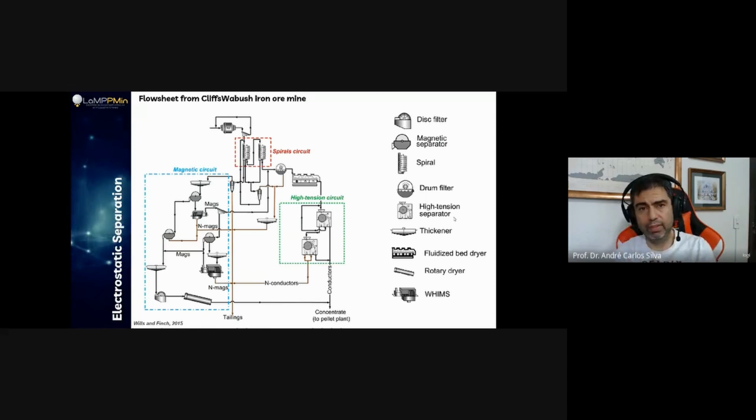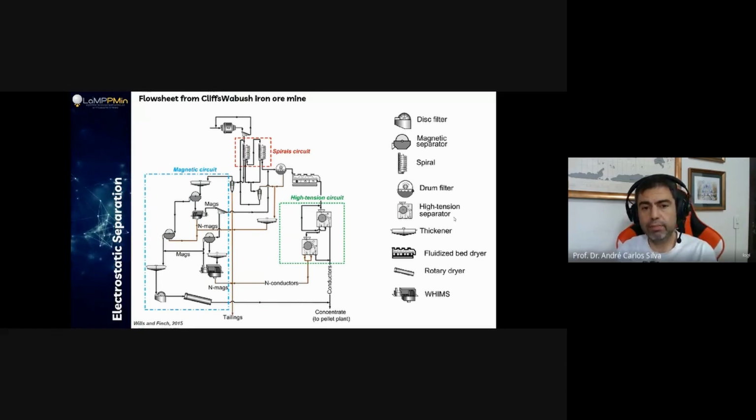So probably this Cliffs Washbush place, they had some restrictions about water quality, or even with flotation, or they were working with an old mineral processing plant.